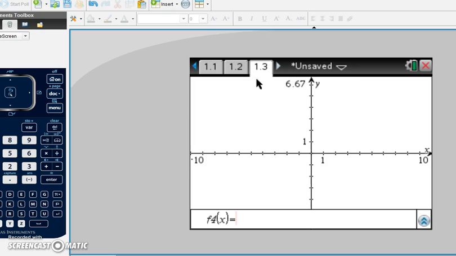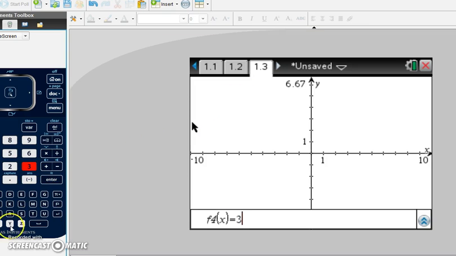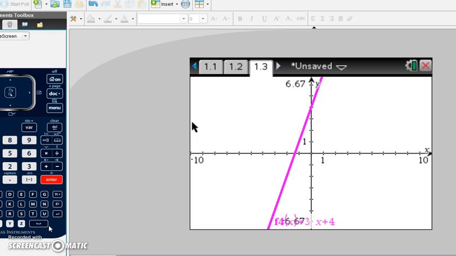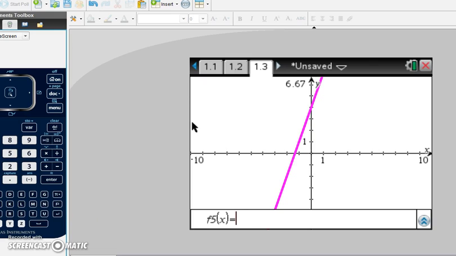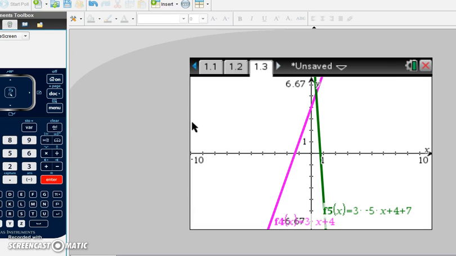So you say 3x plus 4. That's my original, and I ask you to make a transformation. So I'm going to press tab. I put my slope, which is still 3, but I ask you to multiply by -5. So I keep it. Now my intercept was +4, but I ask you to increase it by 7. So that's my new line.